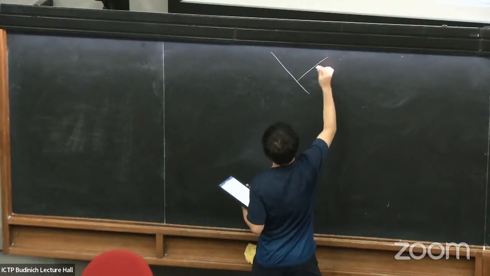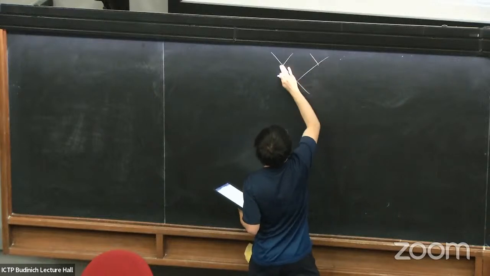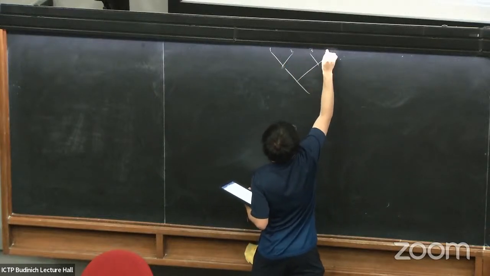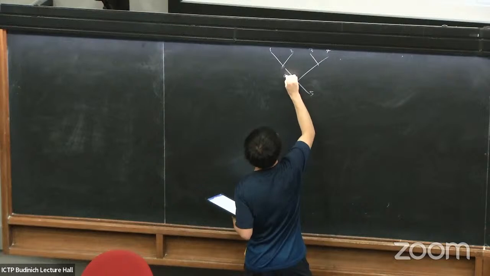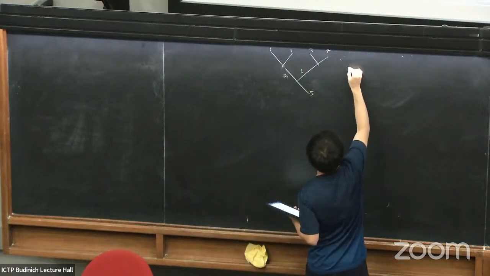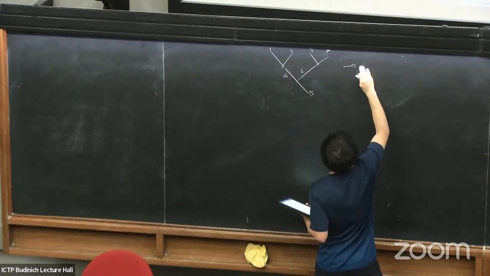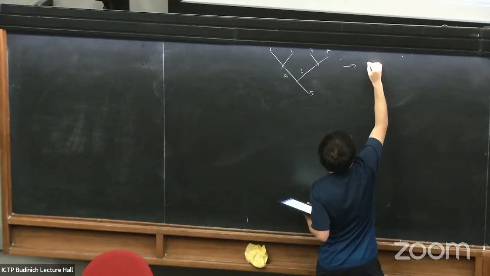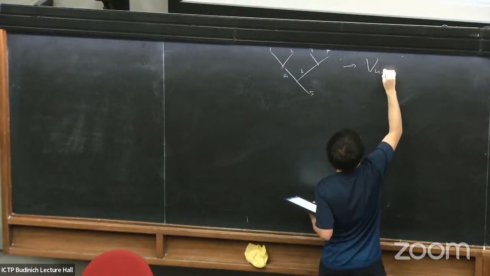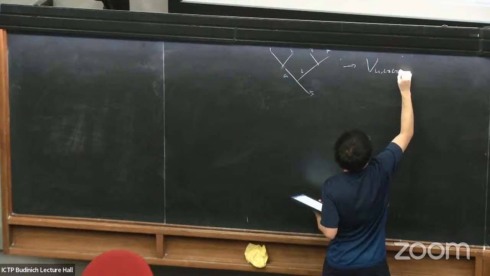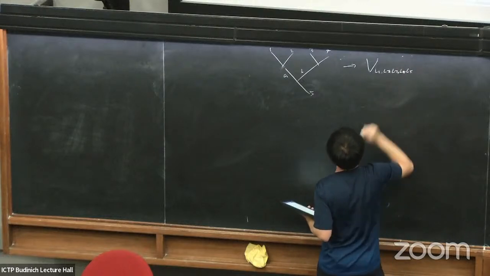We start with this diagram once again: 1, 2, 3, 4, and 5, with A and B. As I said, this specifies a particular junction vector in this junction vector space with 5 external TDLs specified.